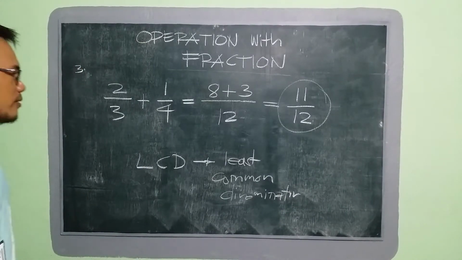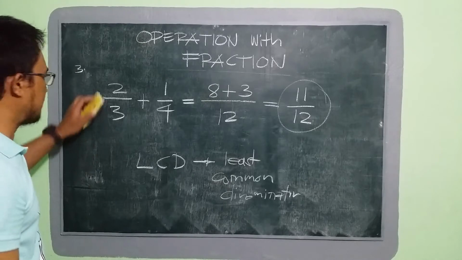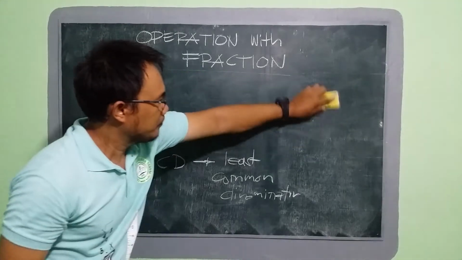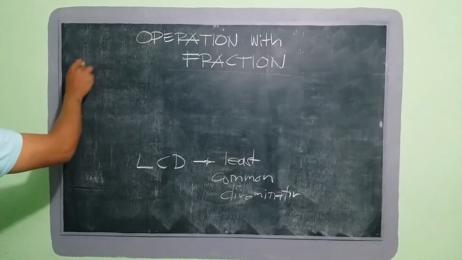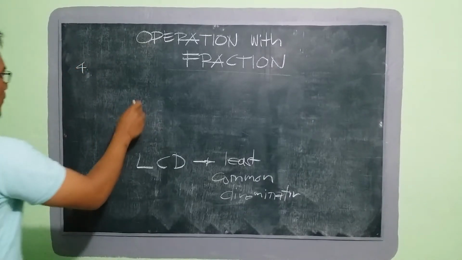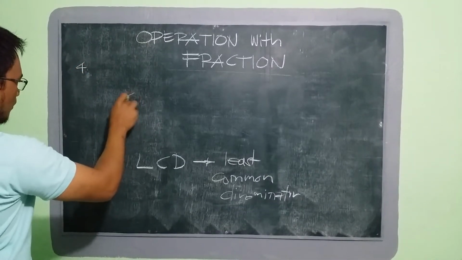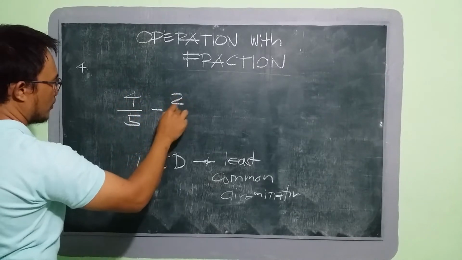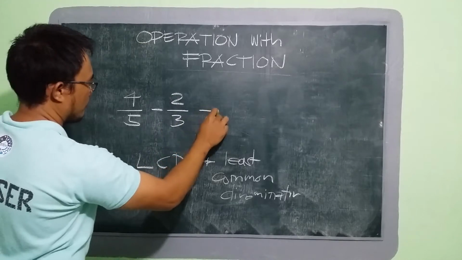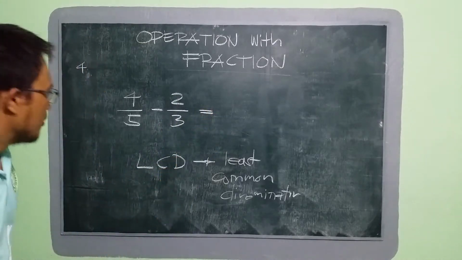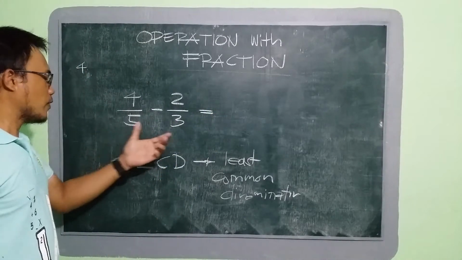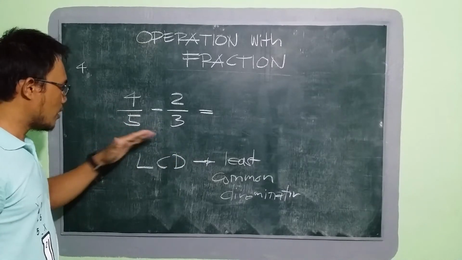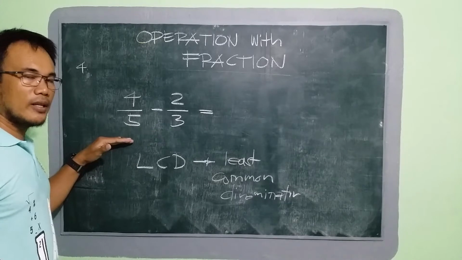Some more examples. Now this time we're going to subtract. This is example number 4. So 4/5 minus 2/3. Okay, once again, we have two different fractions, not similar fractions, because they have different denominators.